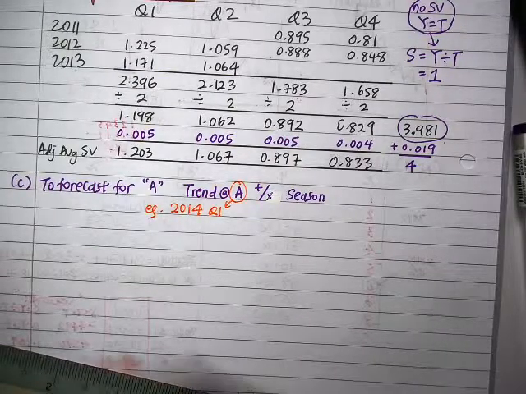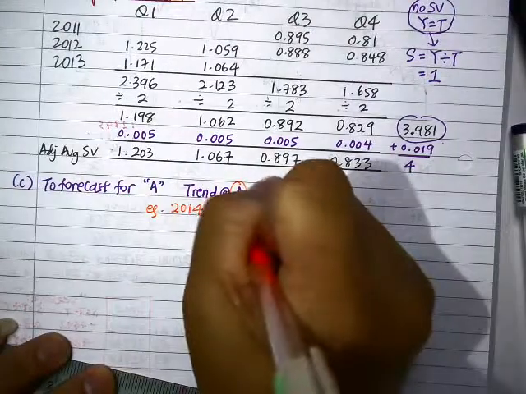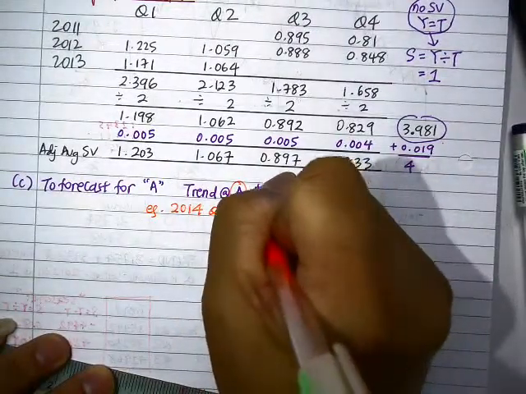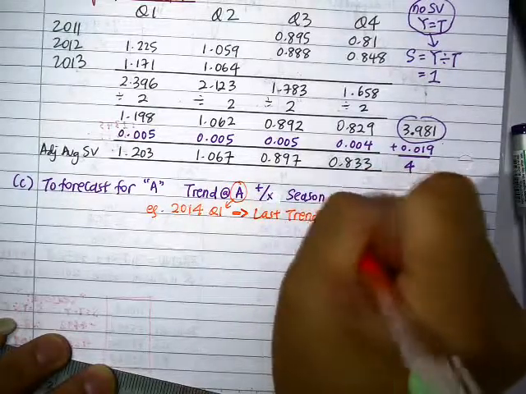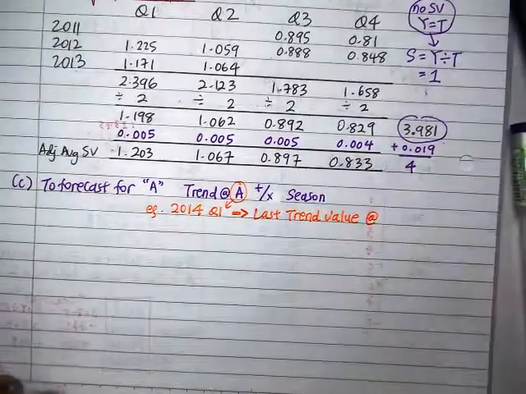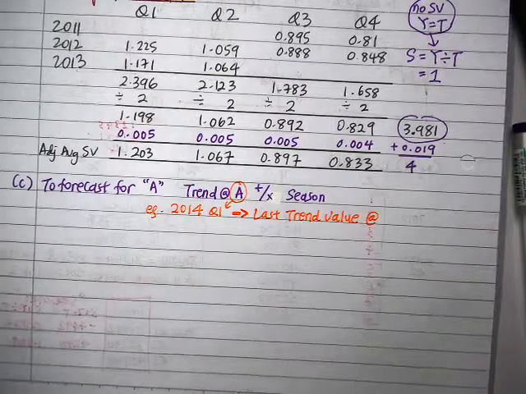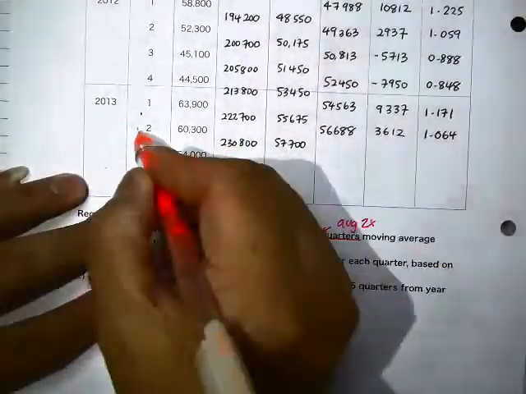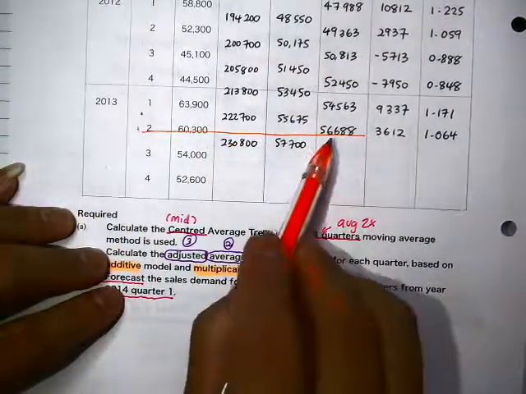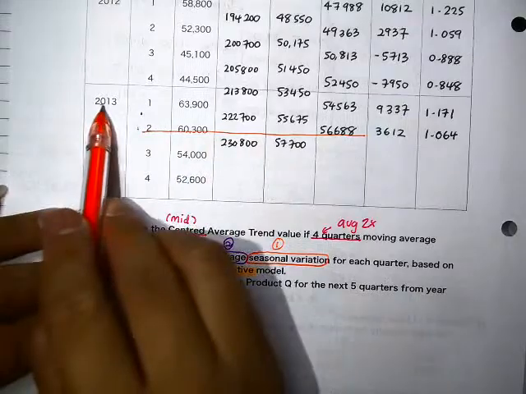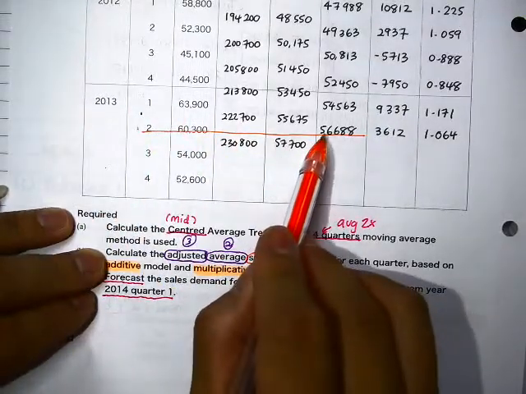But if you look at the question, where does the last trend value stop? Stop at here. That was the last trend value. It stops at 2013 quarter 2 only.